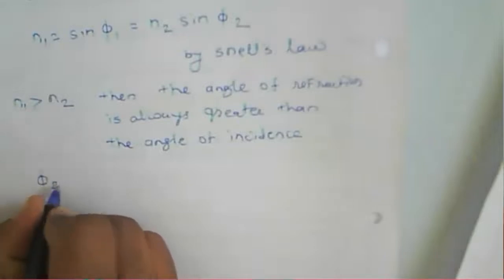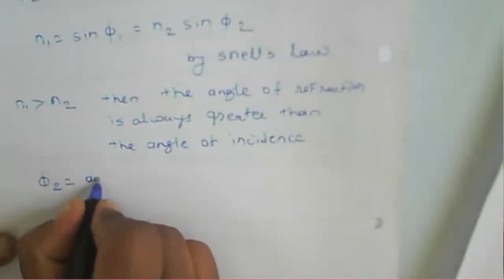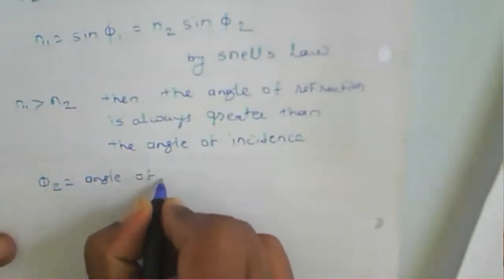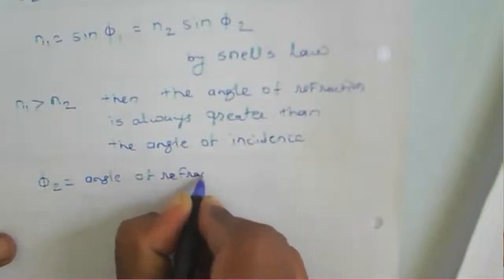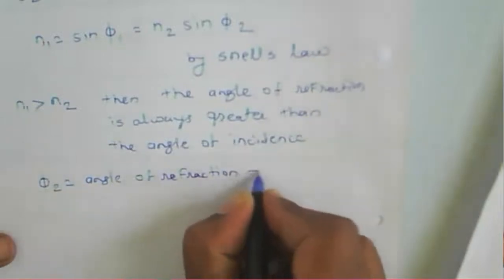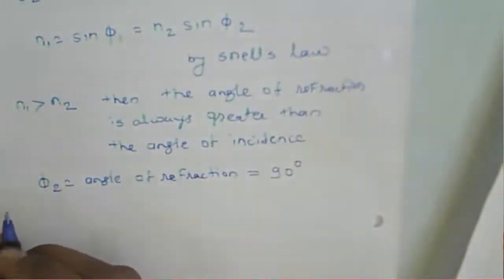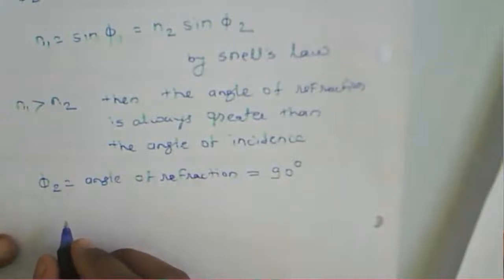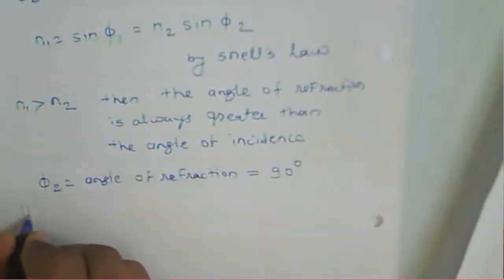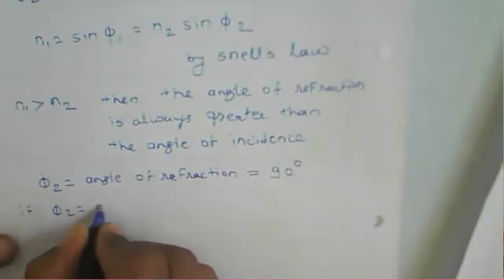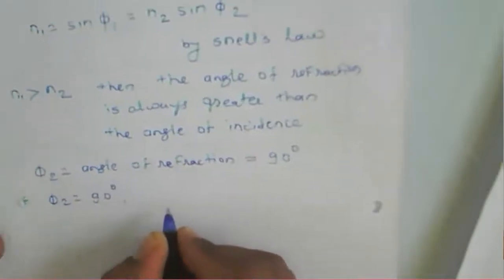Now consider that the angle of refraction, phi 2, is 90 degrees.